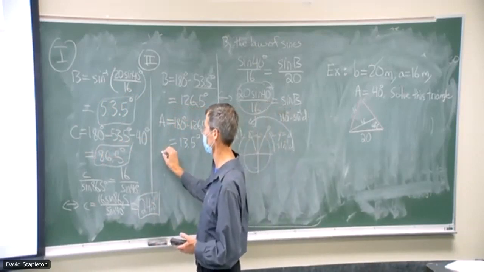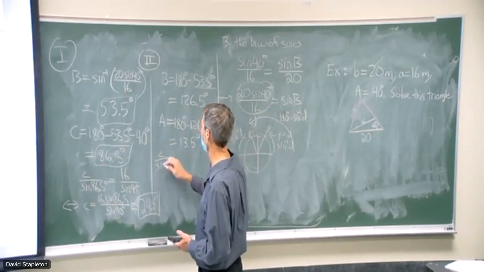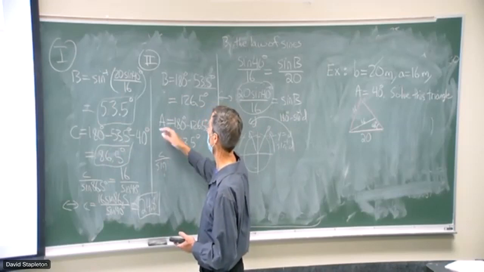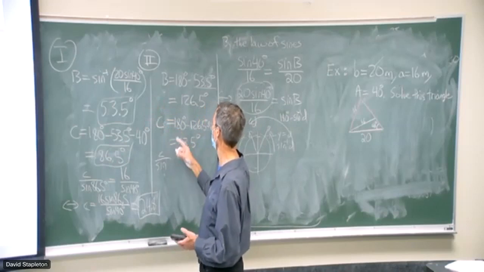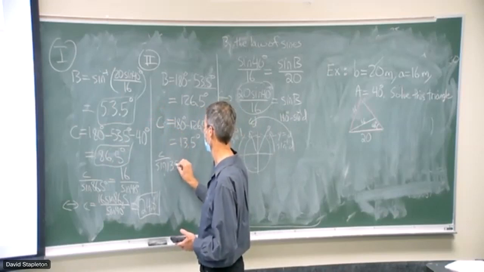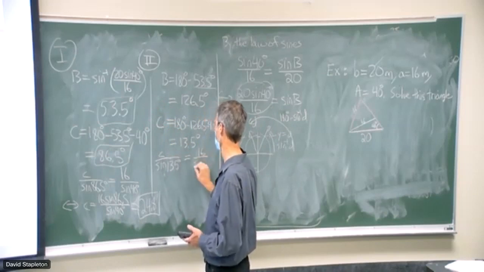Once again, I'll say C is the sine of the C that I'll get. Well, this is C here, sorry. C is the sine of 13.5 degrees this time, as 16 is the sine of 40.